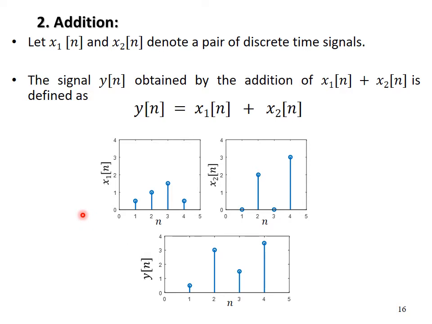If there is a sample in this sequence, for example, that appears at 0, and there is no sample here at 0, then you will assume that the sample value is 0 in this sequence, and you will add both this one plus 0, and you will write here, right.